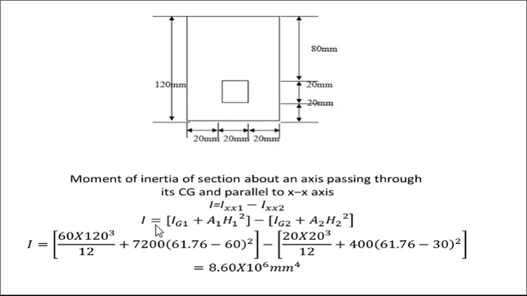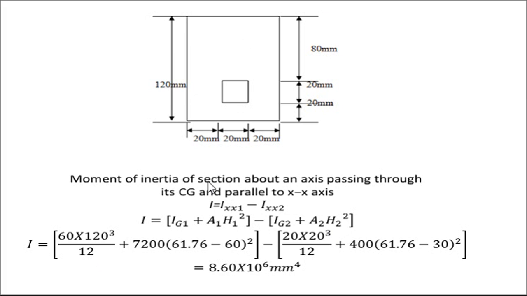So the formula is I = Ig1 plus A1 h1 square minus Ig2 plus A2 h2 square, where G1 is the total rectangular section and G2 is for the small square hole.